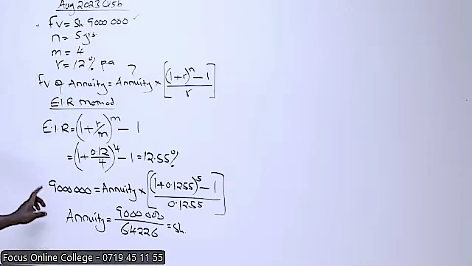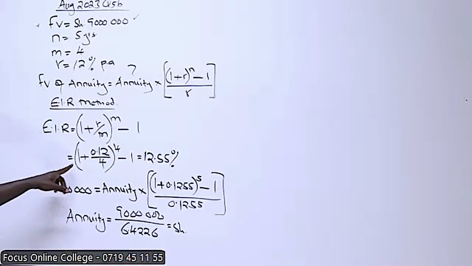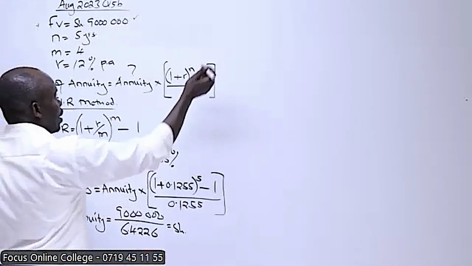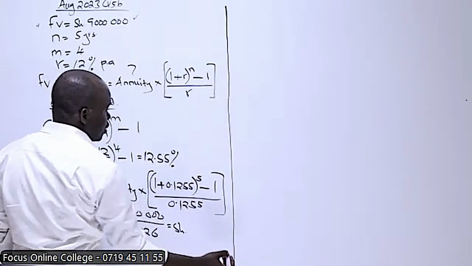Okay, fine. Something must be wrong somewhere. This one is for 5 years. Just a minute, we will compare and see where we are going wrong, if at all we are going wrong.